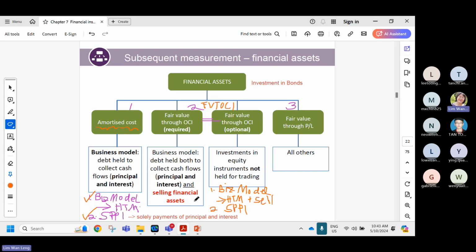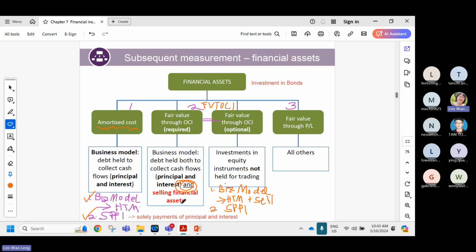So the thing here is that you have this word "and". The amortized cost model says you are not going to sell; you hold until 3 years, then collect the principal and whatever interest accrues in the 3 years. But for fair value through the OCI measurement, the characteristics are those of amortized cost plus selling of the financial asset when the price is good.